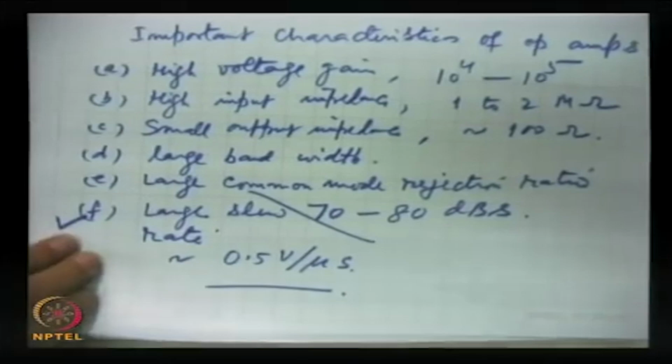Now, briefly I talk about the op amps in open loop, which is a rare use for op amps, and why it is rare will also become clear to you. So, op amps in open loop.